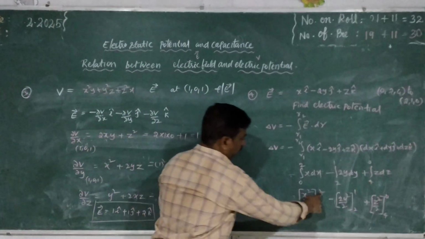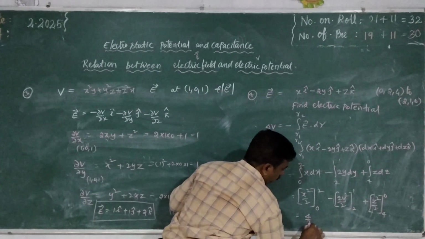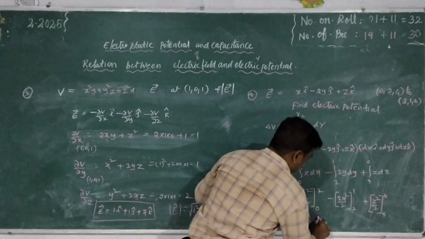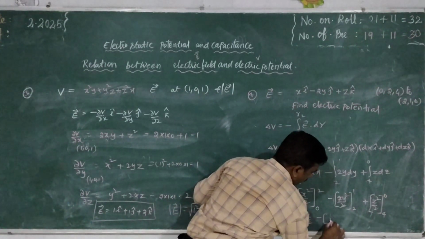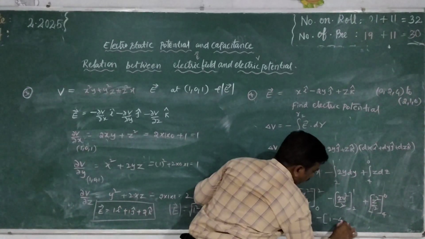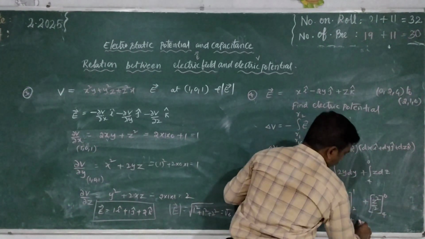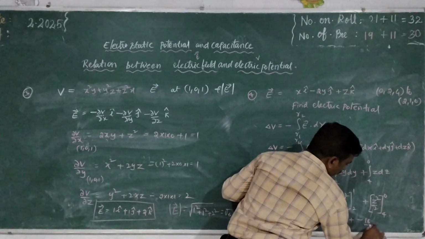For this one, the upper limit is 2 square, which means 4, 4 by 2. The lower limit is 0, total value 0. Next, this one minus, the 2 cancels, y square means 1 square minus 2 square, which is 4. Next plus, the upper limit is 0 minus 4 square, 16 by 2.